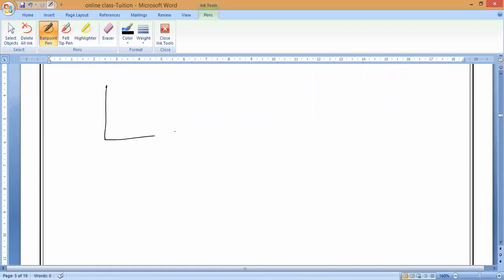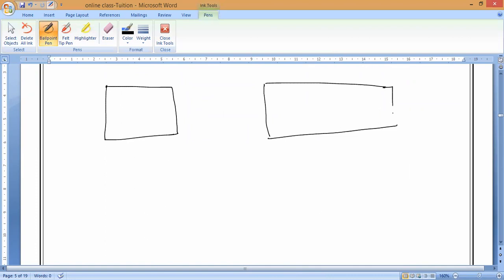path like a rectangle or square, I already taught you in the first revision class. Do you remember?